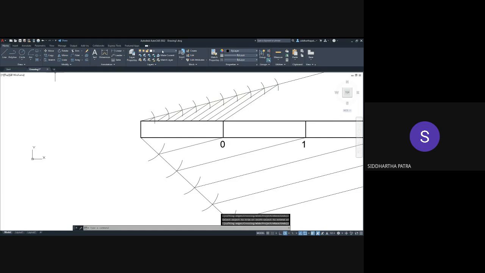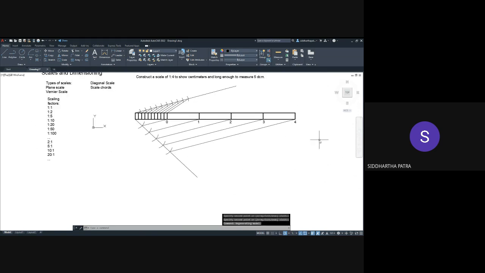Okay. And then what we can do is now join this intersection point and drop perpendicular. Two, three, 4, 5, 6, 7, 8, 9, and 10.